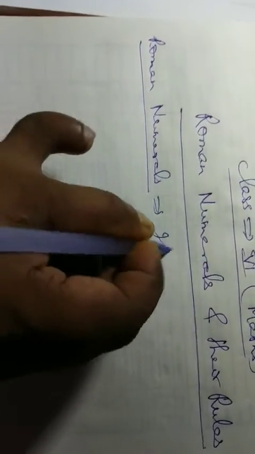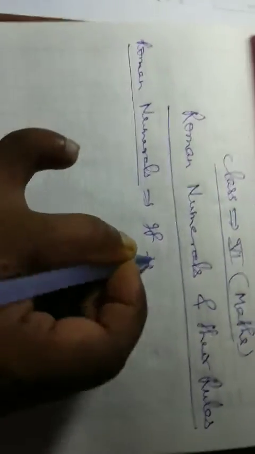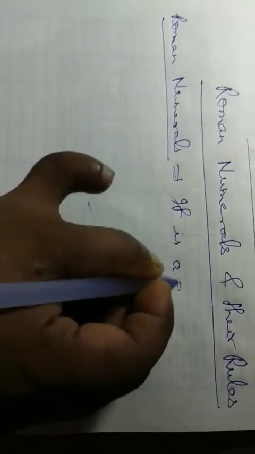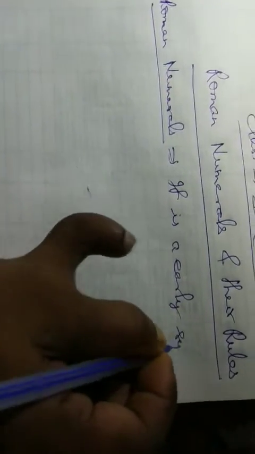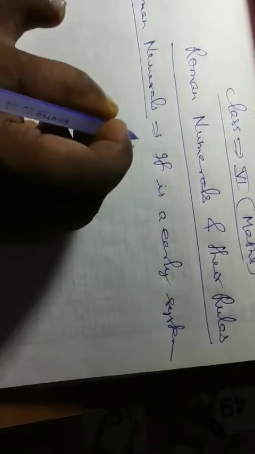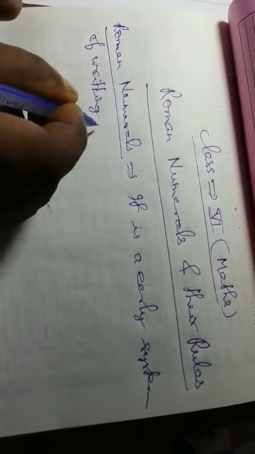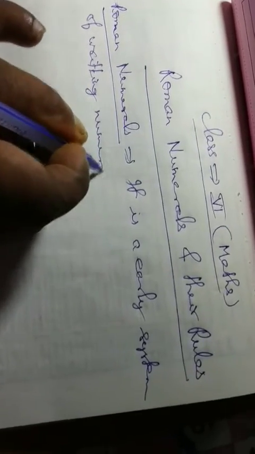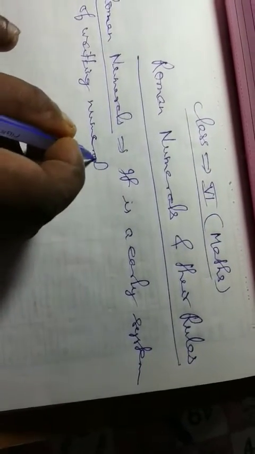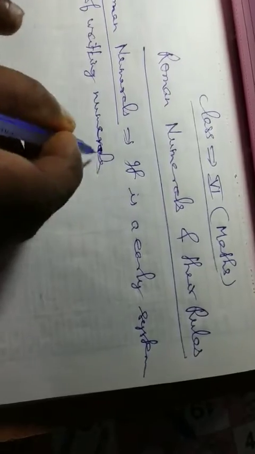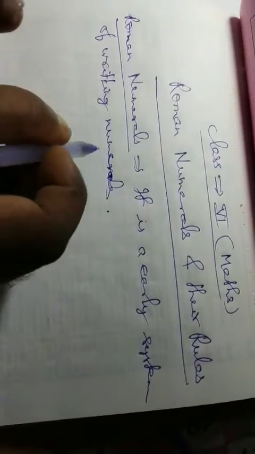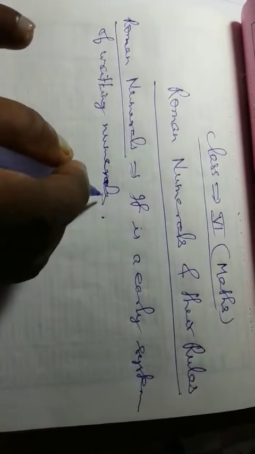It is an early system of writing numerals. So a Roman numeral is an early system of writing numerals.